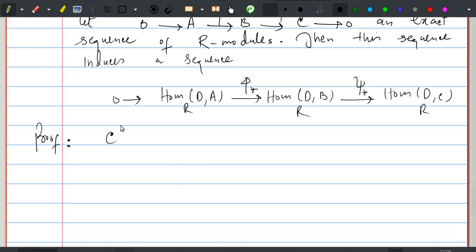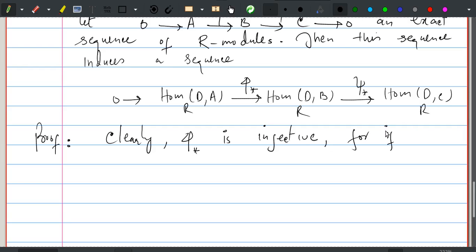So clearly phi star is injective. For if we take this map F to be equal to 0, we have to prove F is 0, where this F has to be an element here.